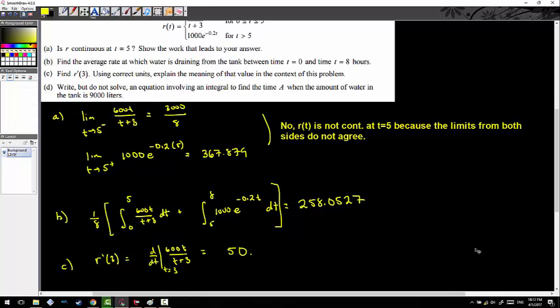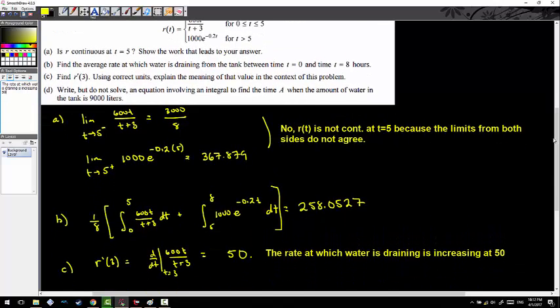So what does this mean? Well, since I got a positive rate, that means that the rate at which water is draining is increasing at 50, I believe it's liters per hour squared.